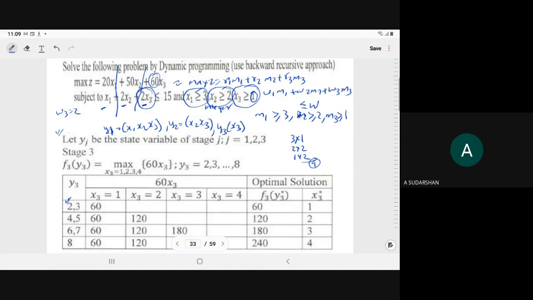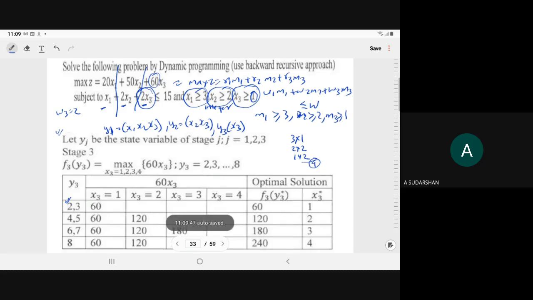Then if you have a space of 3, then also you can allocate only one item. So whether you have a space of 2 or a space of 3, you can allocate only one item.